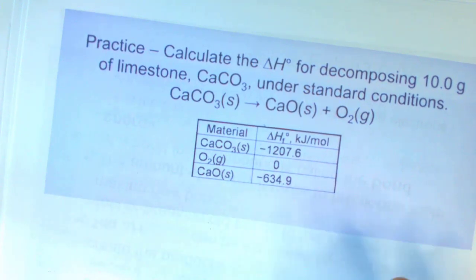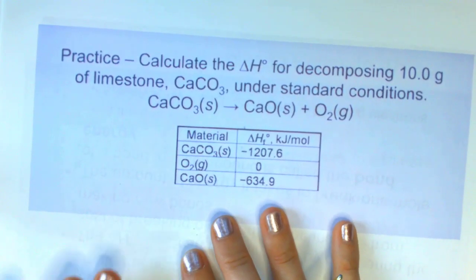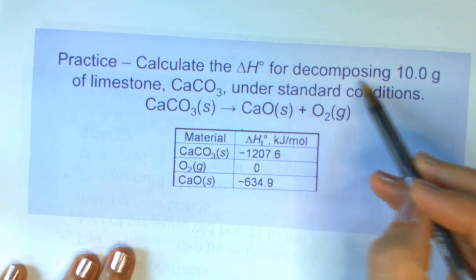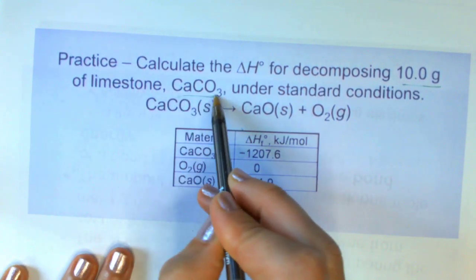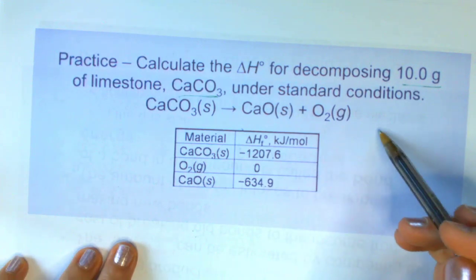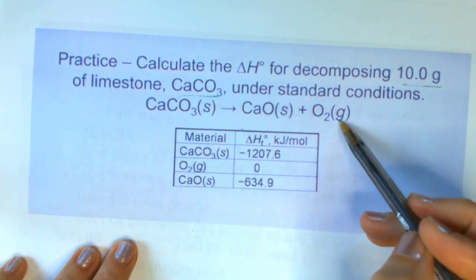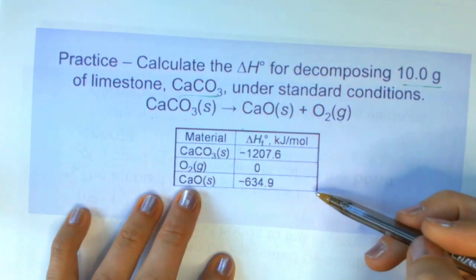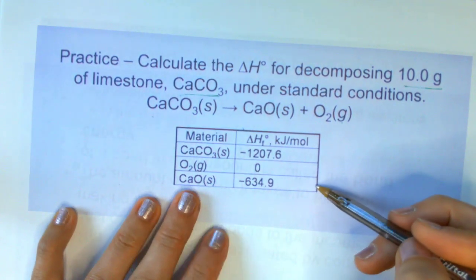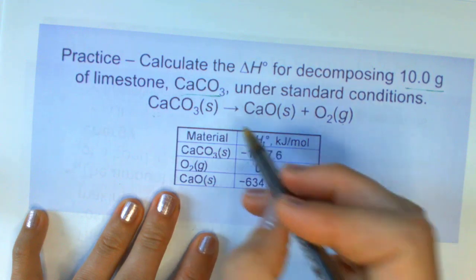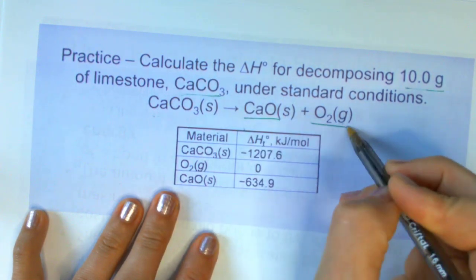Let's look at another example where it wants us to calculate delta H for decomposing 10 grams of limestone, calcium carbonate, under standard conditions. And it gives us the equation here. And what's great is they gave us the standard enthalpies of formation, so we don't have to even look those up. So we're going to do my products minus my reactants.